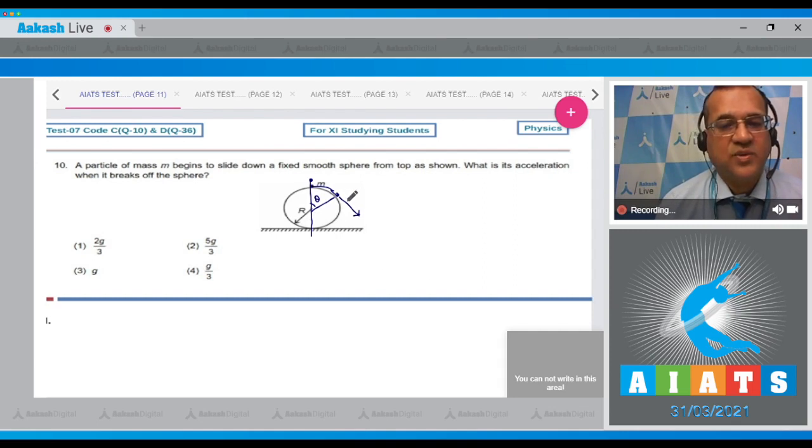And the condition is, when it loses contact, then the normal reaction becomes 0. And when the normal reaction is 0, it's just like a free fall. So the acceleration in that case of this body is equal to g. And therefore the answer to this question is 3.